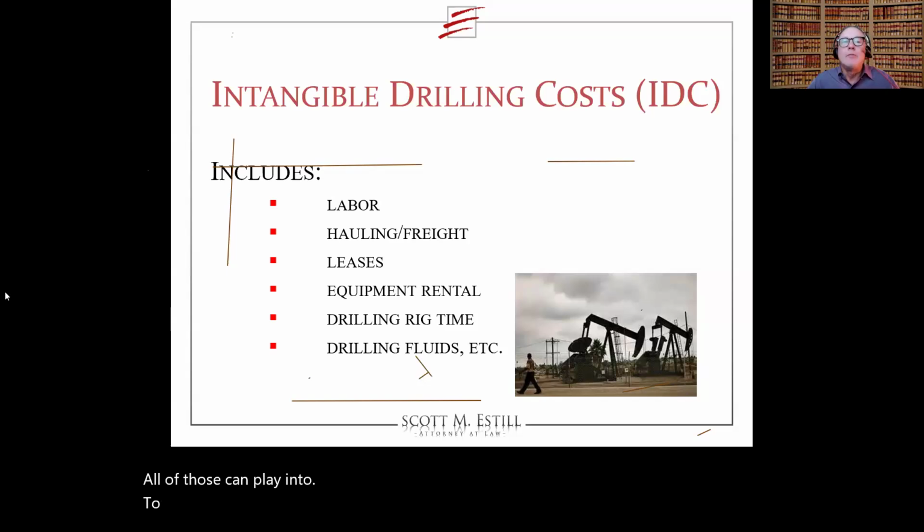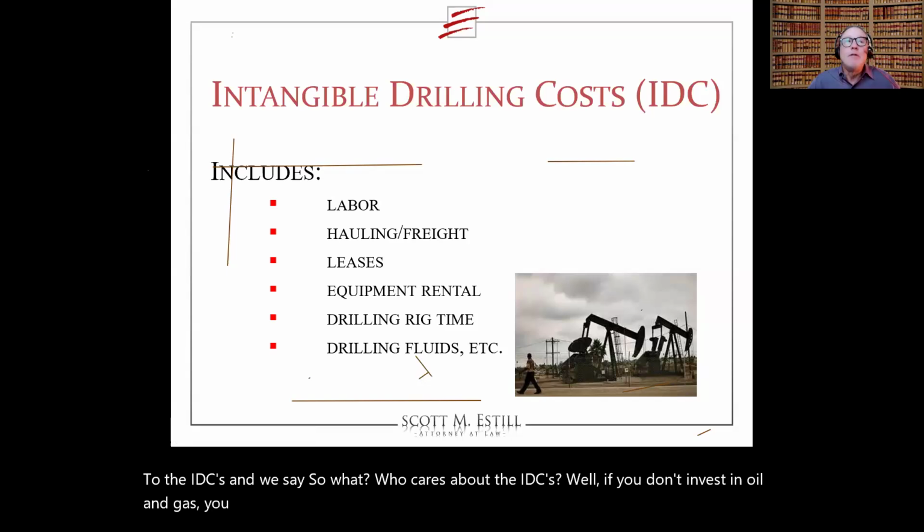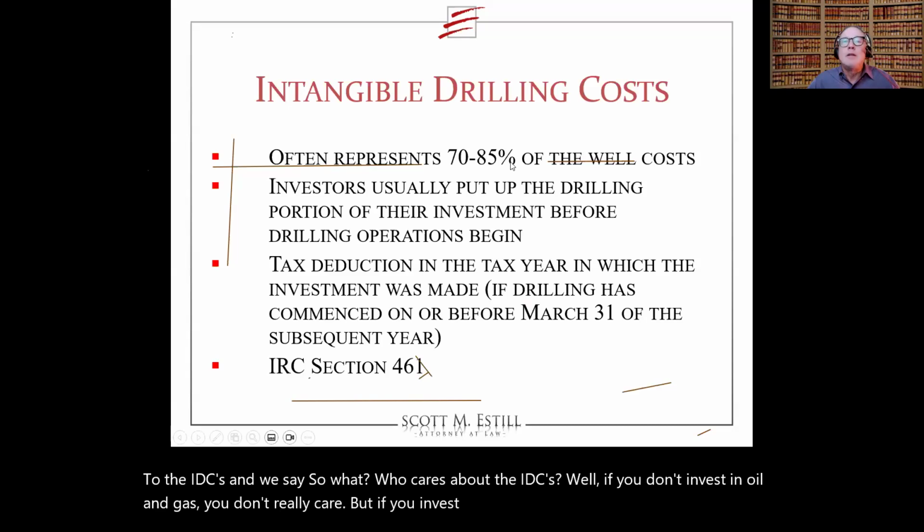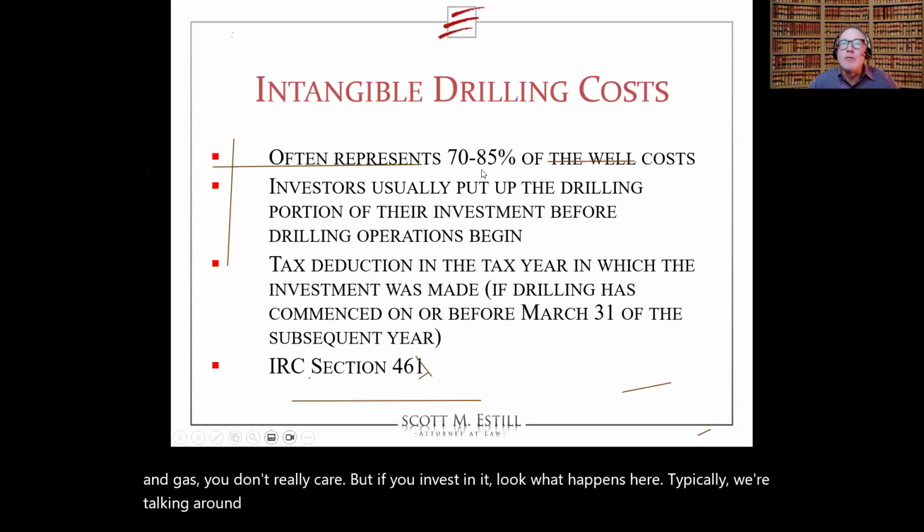And we say, well, so what? Who cares about the IDCs? Well, if you don't invest in oil and gas, you don't really care. But if you invest in it, look what happens here. Typically, we're talking around 3/4. So somewhere between 70 and 85% of the well costs are going to be these IDCs.